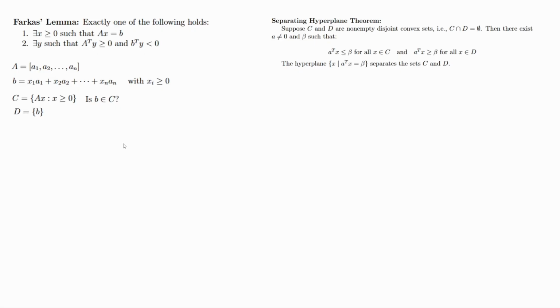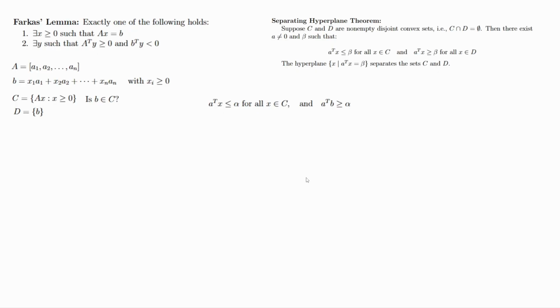And so if C intersect D is empty, so they don't intersect, that means we can find a hyperplane that separates C and D. It immediately follows by the separating hyperplane theorem that there exists an a not equal to 0 and alpha such that a transpose x is less than or equal to alpha for all x in C, and a transpose b is greater than alpha, provided that C and D have an empty intersection.